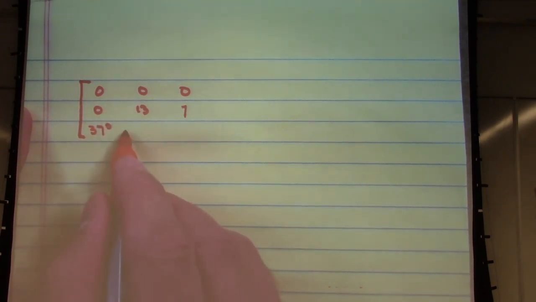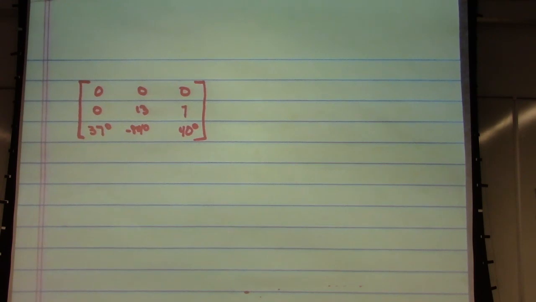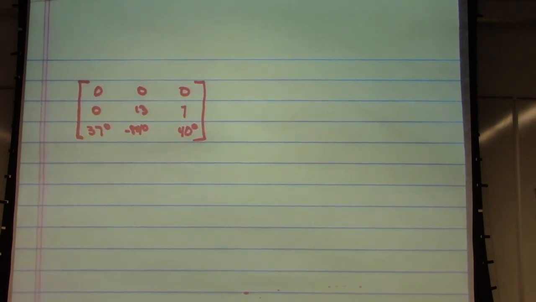So we're going to say that our list of parameters each have no twist associated with them, have lengths of 0, 13, and 7, and joint angles 37 degrees, negative 84 degrees, and 40 degrees. And we have 20 minutes. So what do these three parameters tell us?